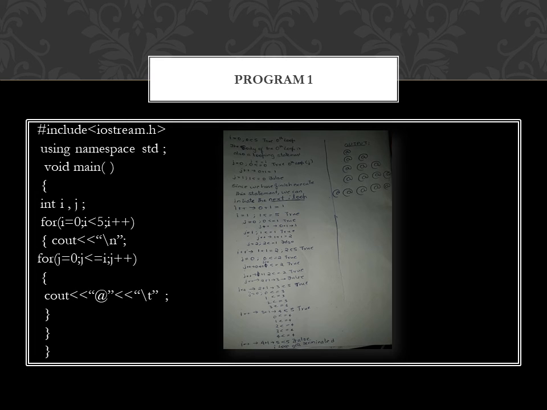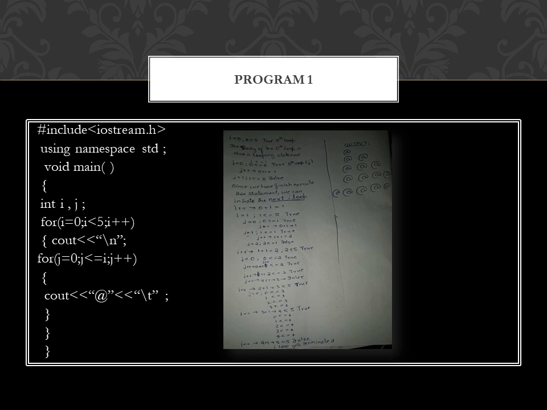We again initiate the i loop, i plus plus, that is 3 plus 1 equals 4. 4 less than 5 is true, and again it executes the j loop till the condition becomes false, and it prints 5 at symbols. Now the next i loop, i plus plus, 4 plus 1 equals 5, it checks the condition 5 less than 5, which is false, and there the i loop gets terminated.